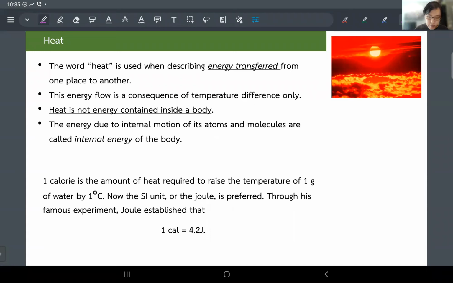I'm asking you guys, because I think everyone is so familiar with heat. We talk about heat all the time. Every time it's getting hot, there must be some heat in that situation. What do you think heat means? I think you hate this kind of question, right?